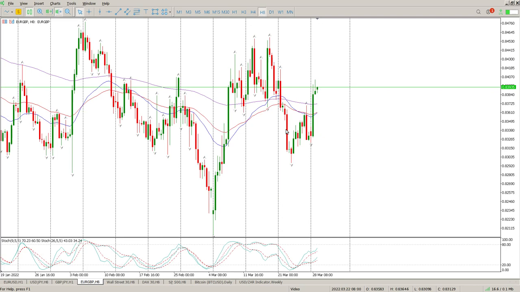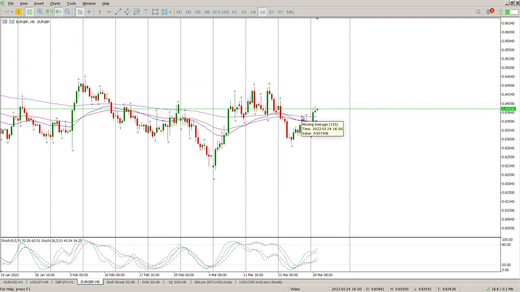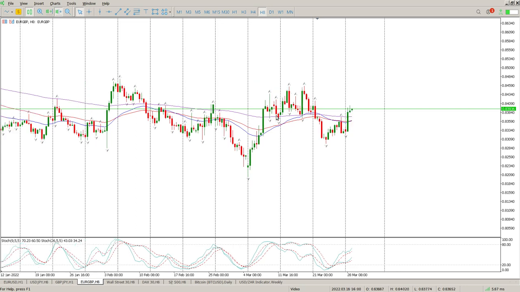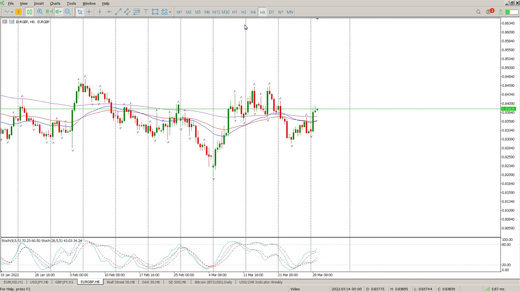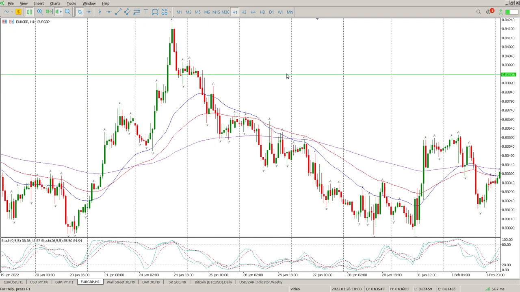Moving on to Euro British Pound. Now this one is a very clear stay away. So we keep getting above the 155 and then we keep breaking through. Then we reject it, but now look what's happened. We're back above the 155. This is a clear sign of confusion. And it could be an inverse head and shoulders forming, although I need to see some weekly structure before I start changing my tune on this pair.